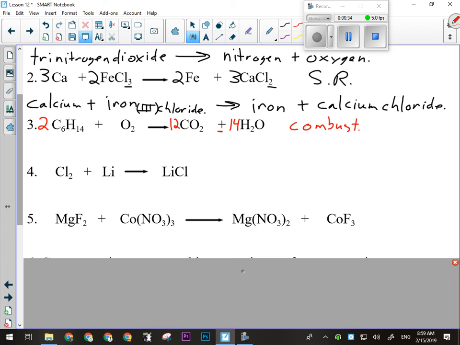And then I have another 14 here. So I have a total of 38 oxygens on the product side. So I need to make sure I have 38 of them over on this side, which means I need 19 oxygen molecules on that side, because 19 times 2 is 38.